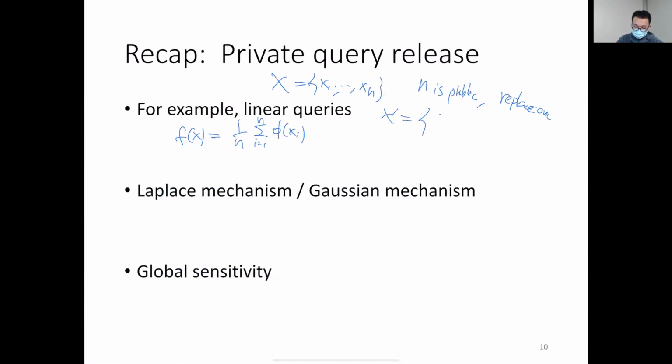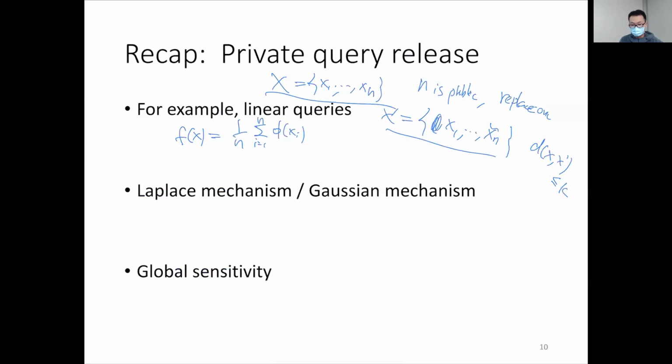The x prime will be, say, the data set where we replace the last element with xn prime. That's the setting that we're going to consider, and we say that d(x, x prime) being smaller than k means that the Hamming distance between these two data sets is k.